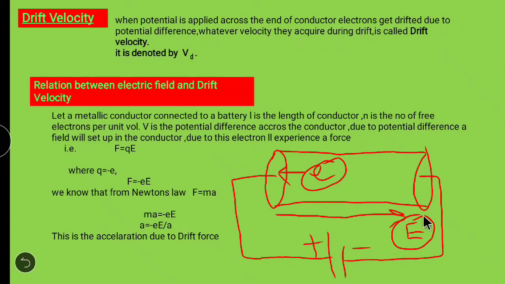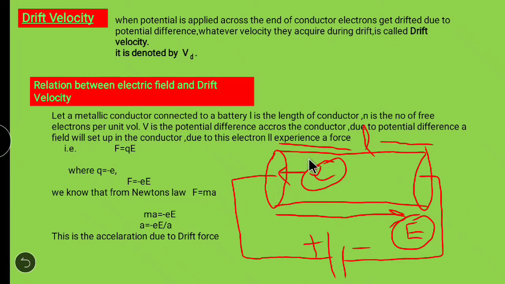Students, the electric field will be established and a potential difference will also be created, because the length of this conductor is L. So there will be a potential difference between the two terminals of this conductor.